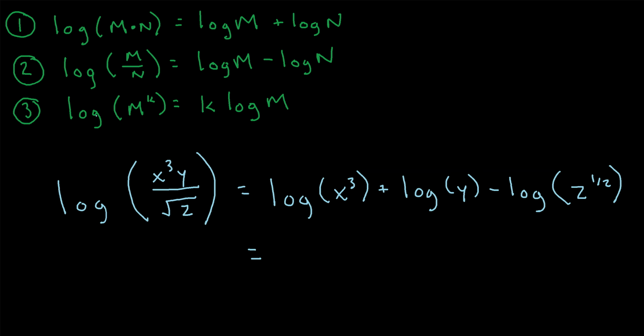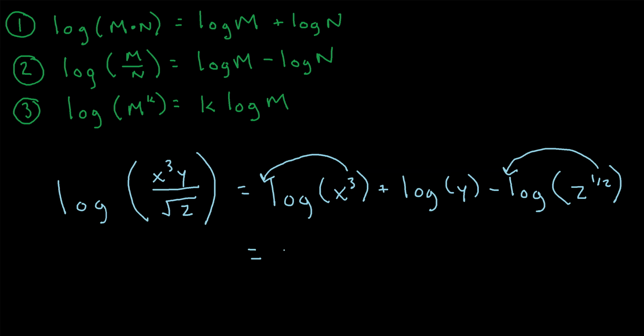Remember, we said if we have the log of m to the power of k, we can throw that k out front and write it as k times log of m. So we can do that with each of these exponents that we have. We can throw the 3 out front. This y just has a 1, so there's nothing to put out front here. And this 1/2, we can throw that out front too.